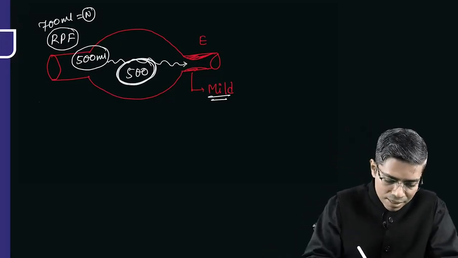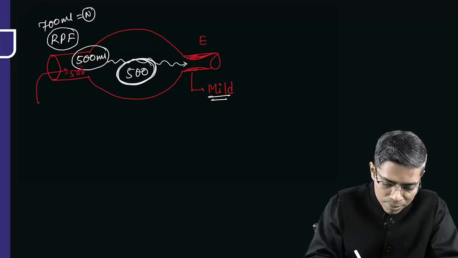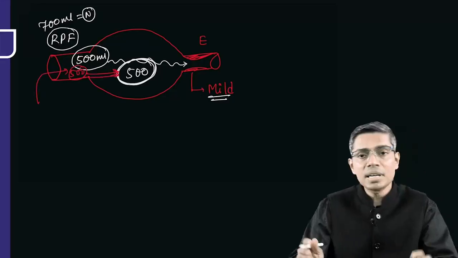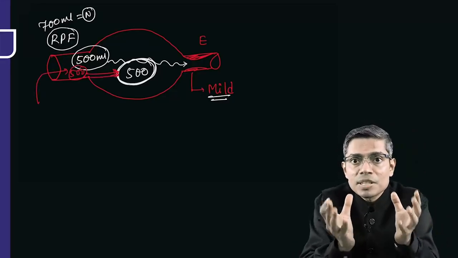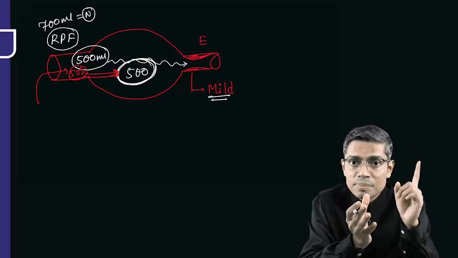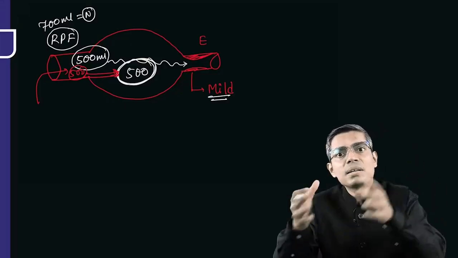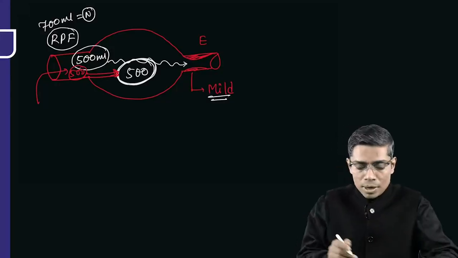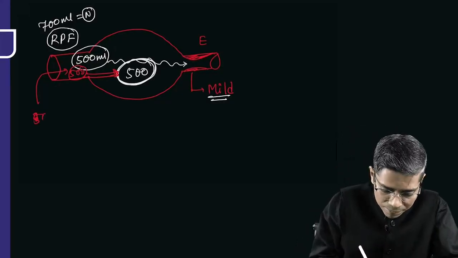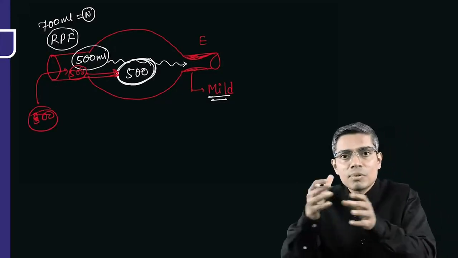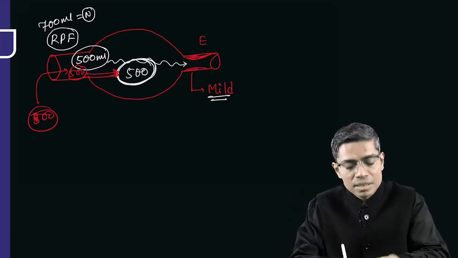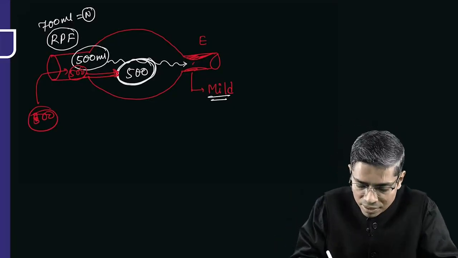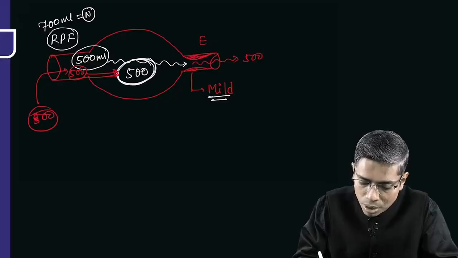So what will happen? In the second minute, another 500 ml of plasma will reach here. So already approximately 500 ml of plasma is waiting there from the first minute, and in the second minute another 500 ml of plasma is coming to the level of the glomerular capillary. When the third volume of plasma, 500 ml, reaches the glomerular capillary in the third minute, the first 500 will already go out of this capillary.